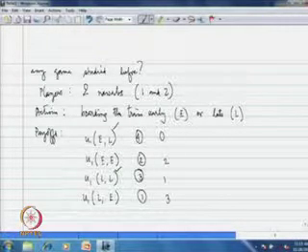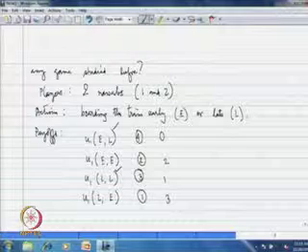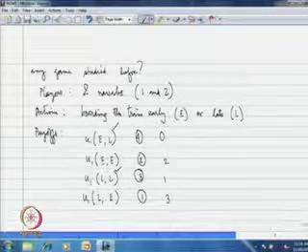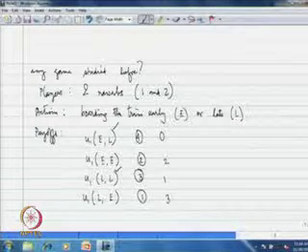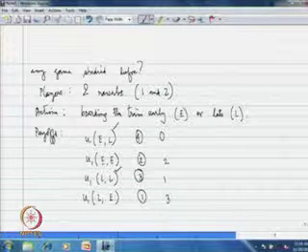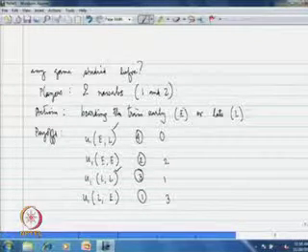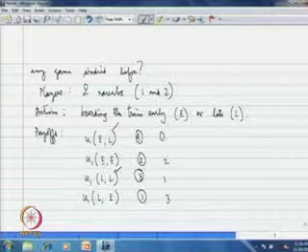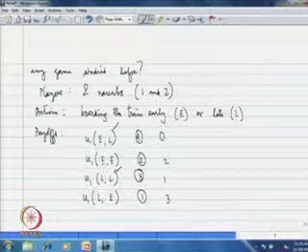Player 1 considers that outcome the best where he boards late and the other Nawab boards early. The second best is both of them boarding early. Third is both of them boarding late, in which case the train leaves. And fourth is he boards early, but the other Nawab boards late. That is worst. This is for player 1. What about player 2? For player 2, obviously it will be just the opposite.